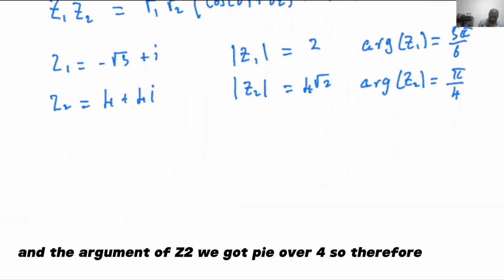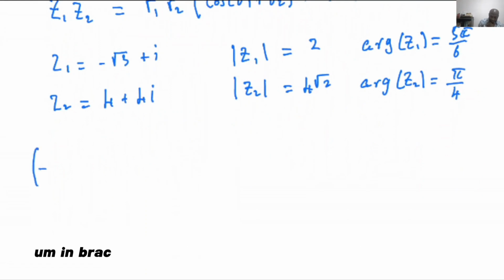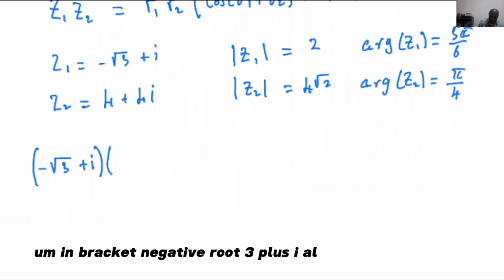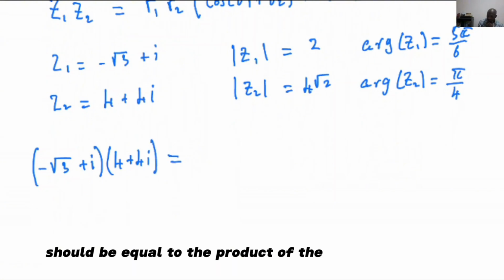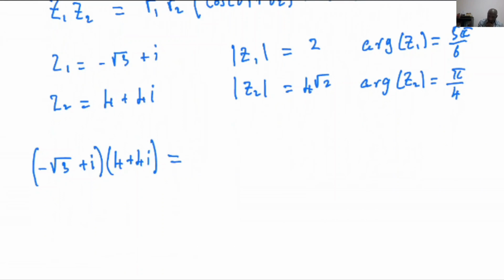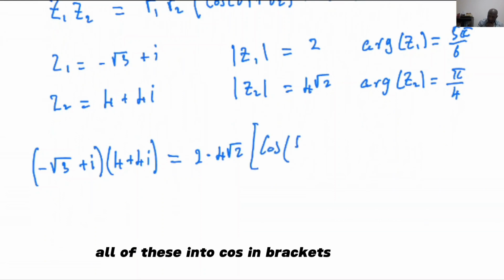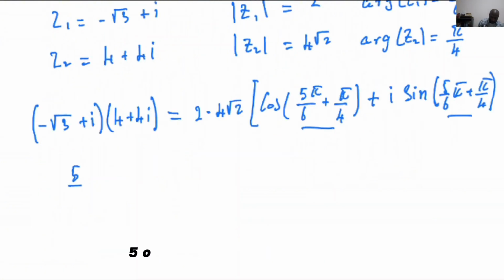So, therefore, (negative root 3 plus i) times (4 plus 4i) should be equal to the product of the two moduli, which is 2 times 4 root 2, all of this into cos of (5 over 6 pi plus pi over 4).